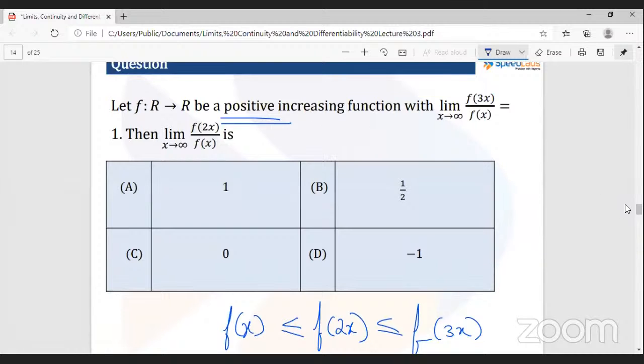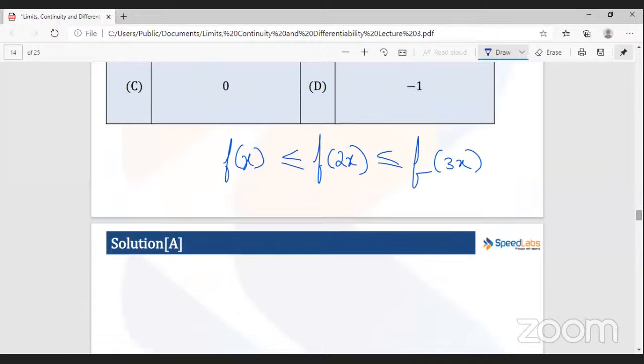So since fx is positive, I can easily divide by fx without any problem in sign, without reversing the inequality.